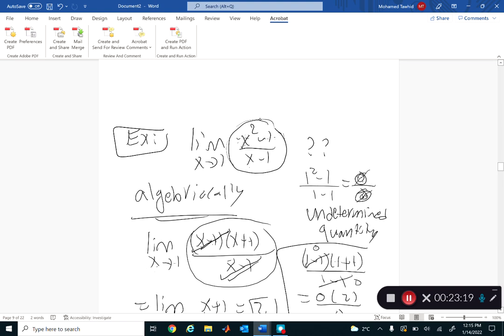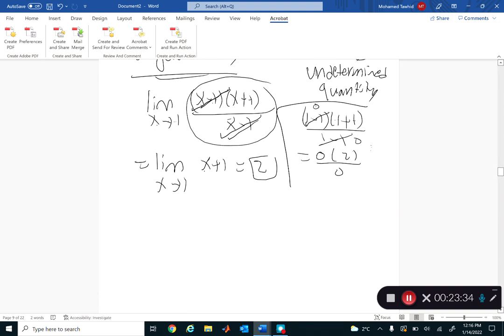Close to 2 means you could get 2.001 or 1.999, something close to 2. But here we write 2, meaning when x is close to 1, the function is close to 2. That is called algebraically.